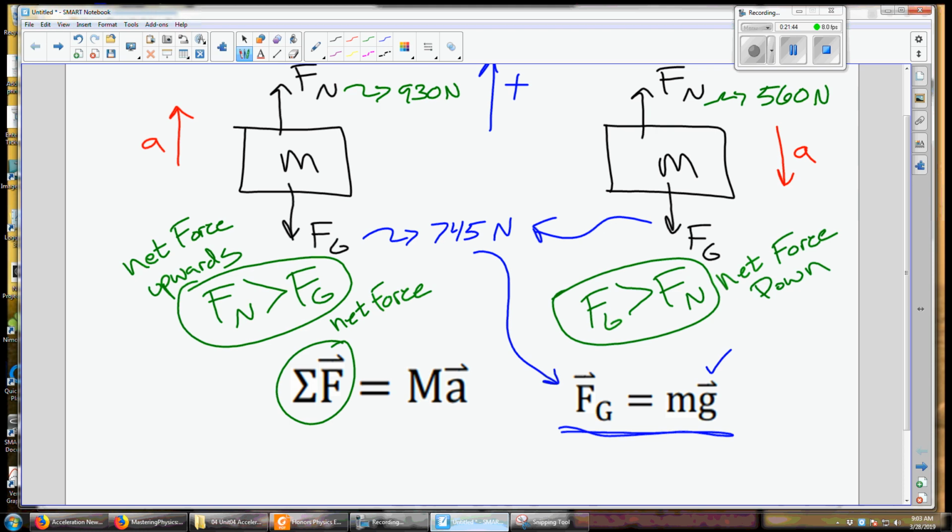Those are the same masses. Because we're talking about the same crew member. That's not a mass, that's my weight. I'm going to use that and this equation to find my mass.